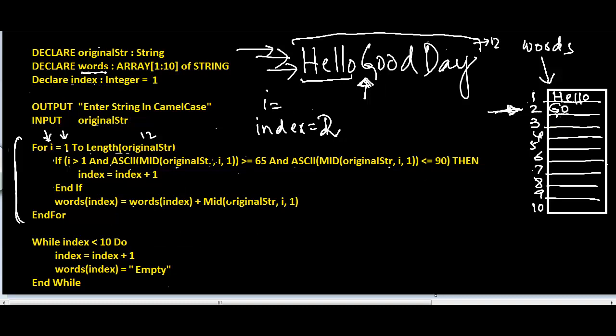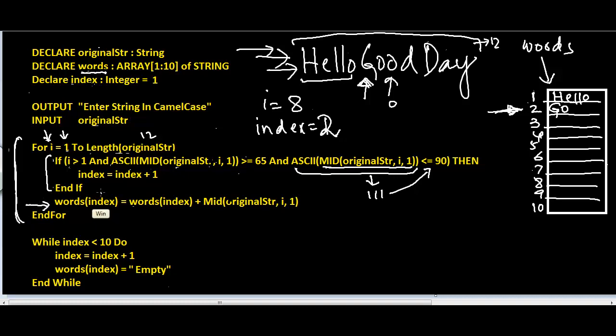Next time the loop runs, the value of I becomes equal to 8, index is still 2, and this mid is going to give us the 8th character, which is once again small o. The ASCII value of small o is going to be 111, and 111 once again is not less than 90. So this if statement is not going to get executed.